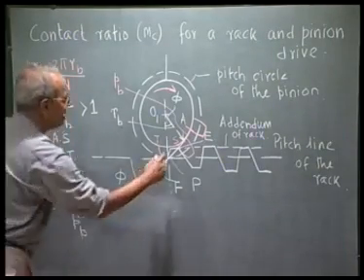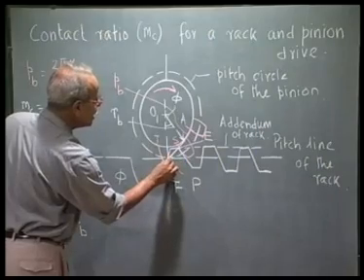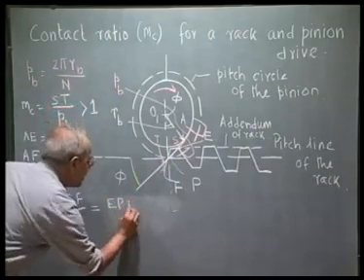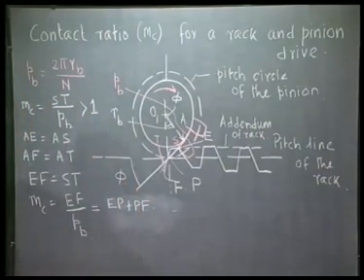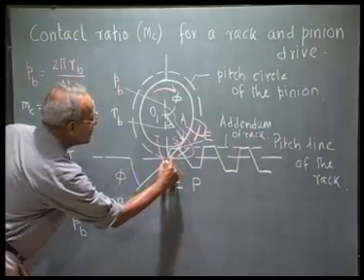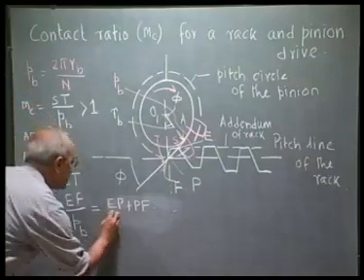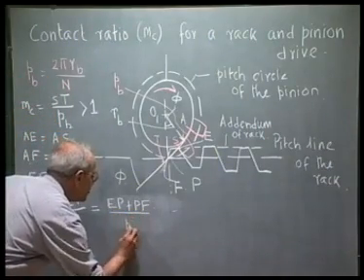EF I write as EP plus PF. EP is this distance, PF is this distance, divided by PB.